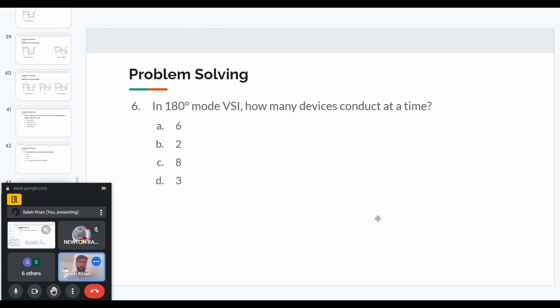The next question is asking about the 180 degree mode of operation of the VSI. How many devices conduct at a time? We just saw in the previous slide. Can anybody post what the answer is? Okay.